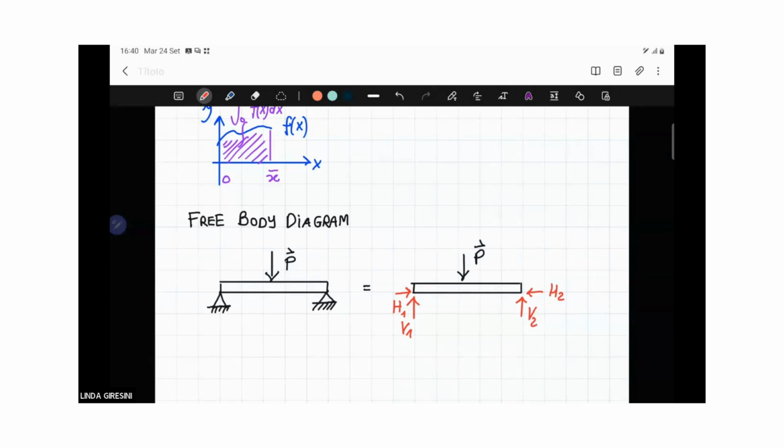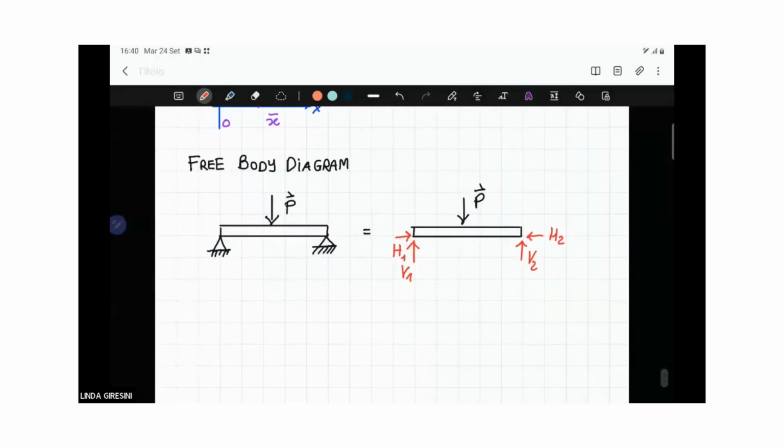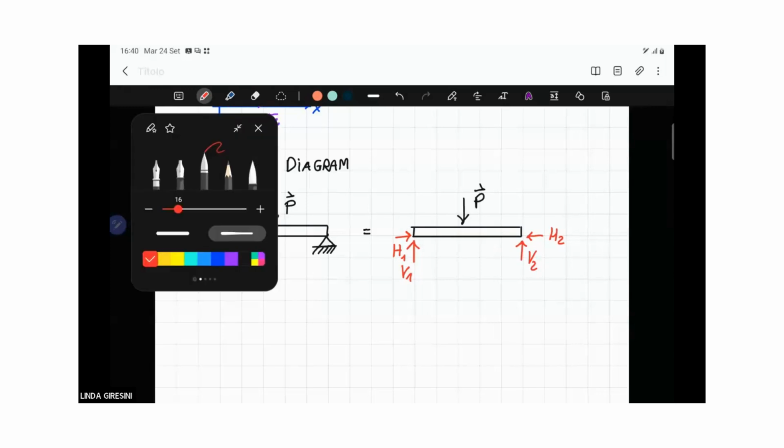So I've obtained the free body, which is basically the beam plus all the original forces and the reaction forces. Okay? So this is the definition of free body diagram.